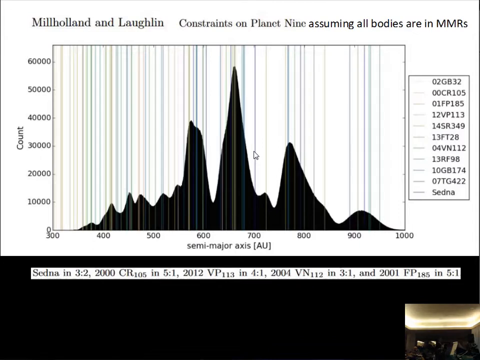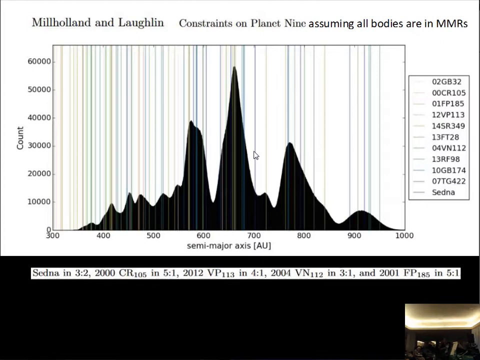And the result is therefore a sort of probability distribution of what the semi-major axis of Planet 9 should be, in order to maximize the probability that all the distant TNOs are in resonance at the same time. And as you see, it's not noise, right? It's quite a structured plot with a clear peak at 670 AU. That's the most likely semi-major axis of Planet 9 in order to put everybody in resonance.